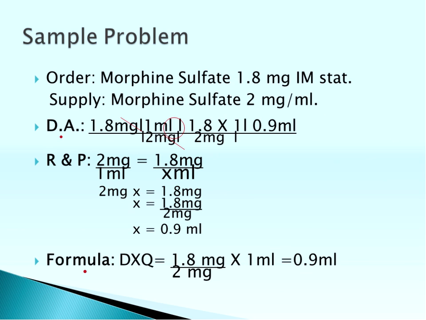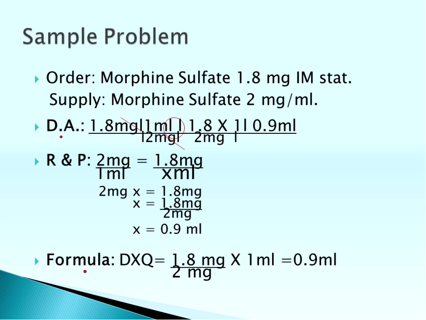It's showing that what's ordered is morphine sulfate, 1.8 milligrams IM stat, and the supply is 2 milligrams. Unfortunately, when I copied this onto this template, it didn't work out so well. But with the dimensional analysis, however we get there, you can see the 0.9 milliliters easily, and these lines that I have, I was trying to make the diagram, so pardon me.